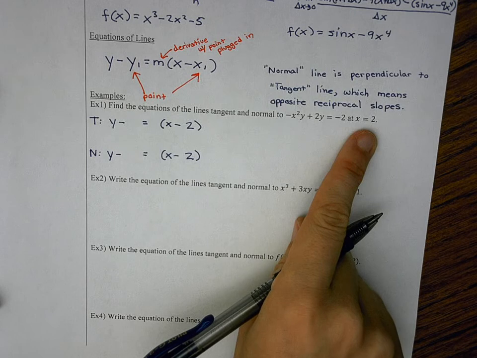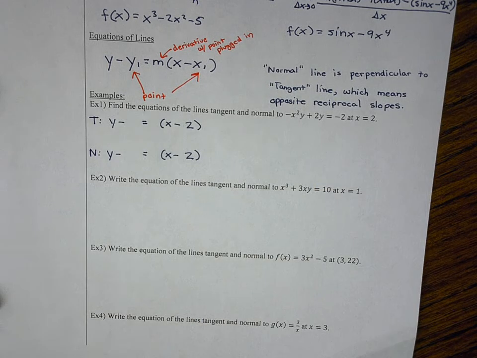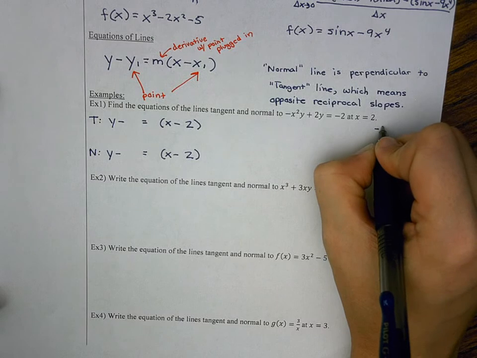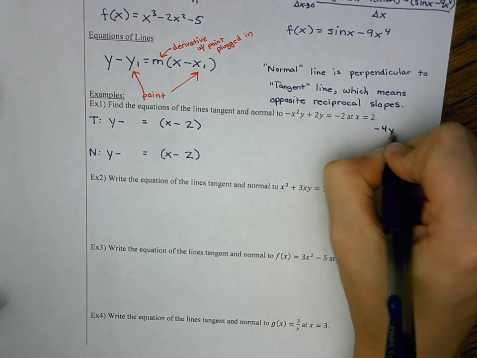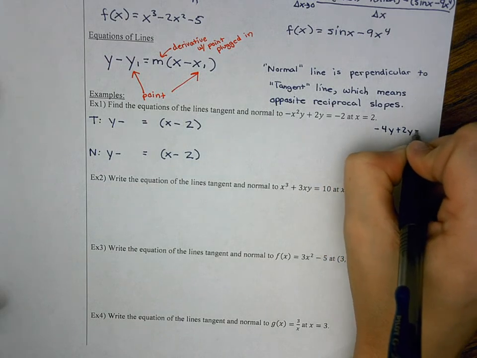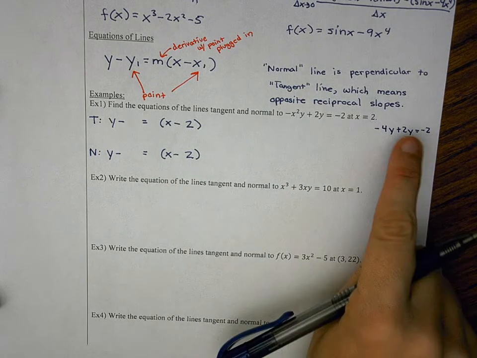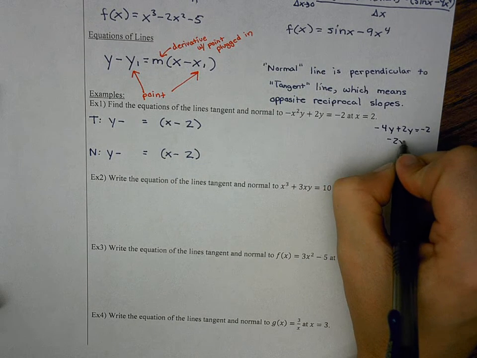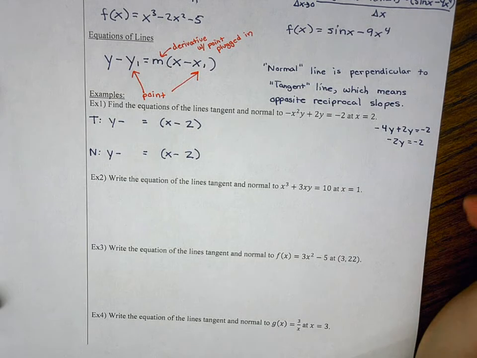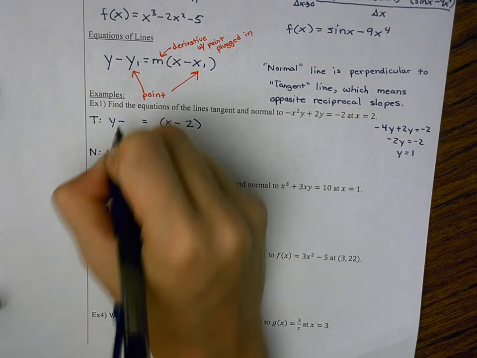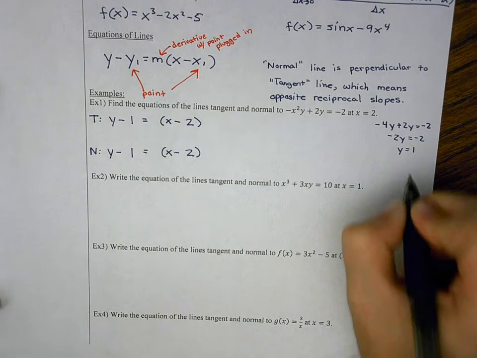So I could plug it in. Okay, plugging in that 2, we would have negative 2 squared, which is 4y, plus 2y equals negative 2. Negative 4y plus 2y is negative 2y, which equals negative 2. And dividing that negative 2, we get y equals 1. And so I have a coordinate point here of 2, 1.